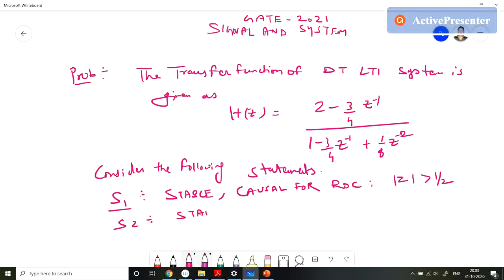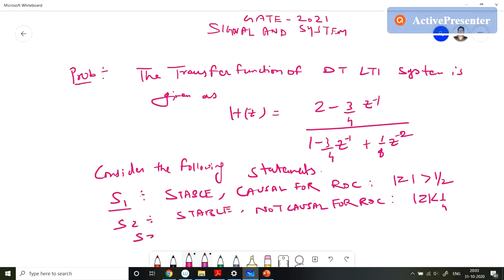Second, the system is stable but not causal for ROC, that is, modulus of z less than 1/4.